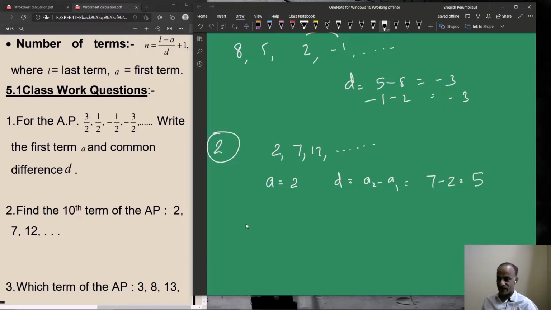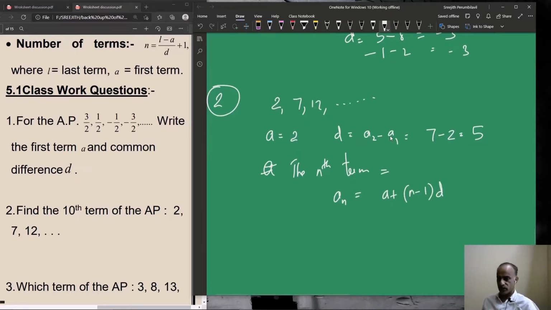How do you find the 10th term? We know the nth term formula: An is equal to A plus (n minus 1) into D. Which term do we need? Put n is equal to 10.